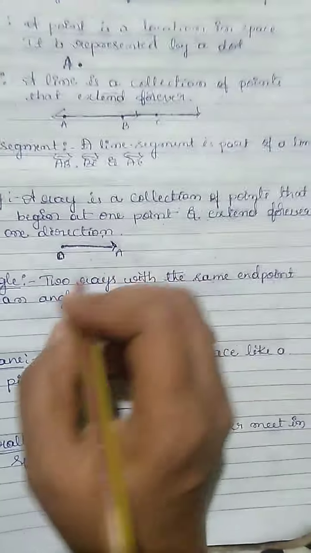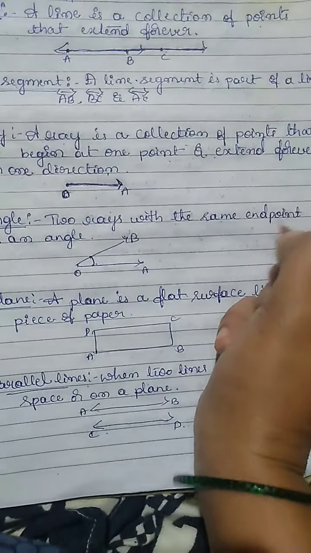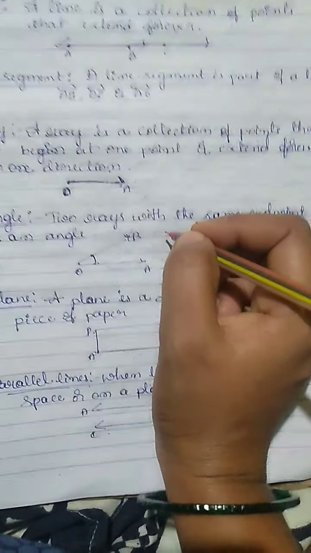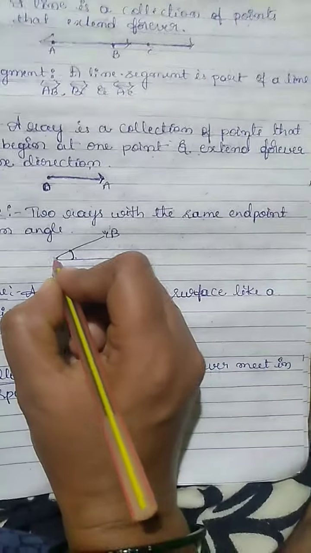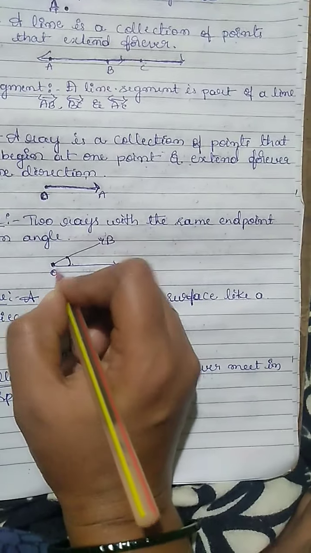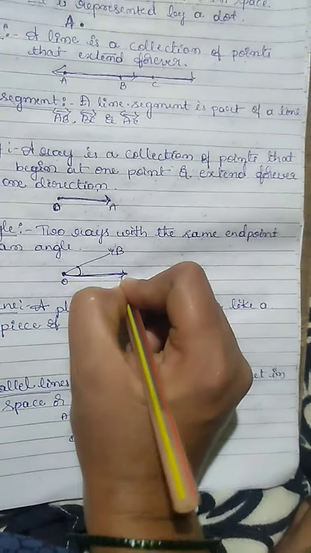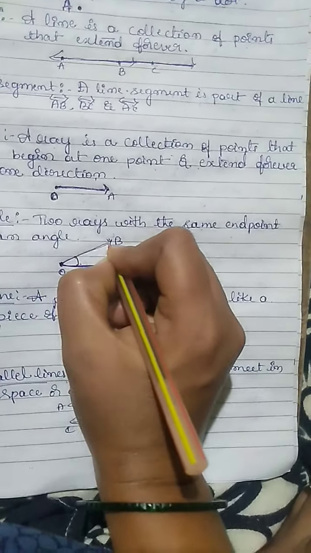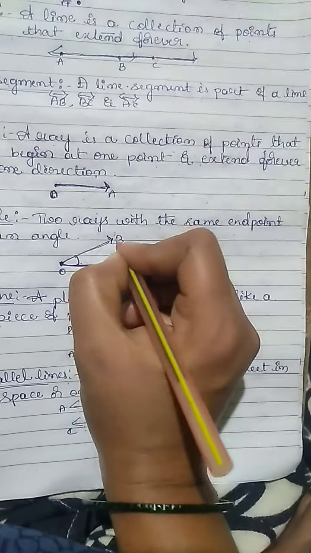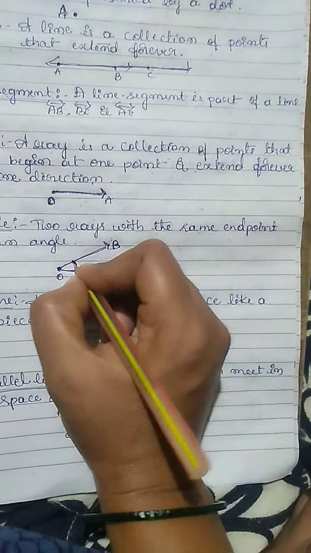Next one is angle. Two rays with the same end point form an angle. See here, OA is a ray and OB is one more ray. So this gap is known as an angle.